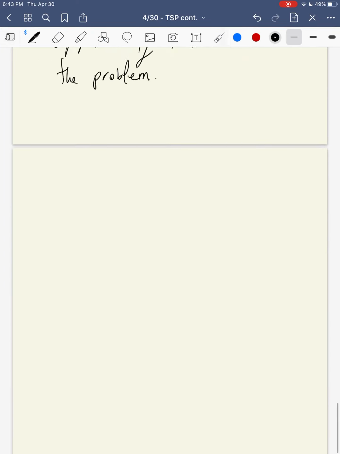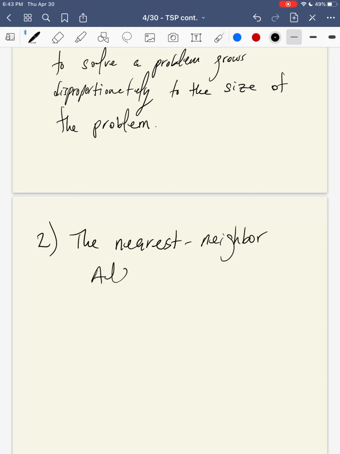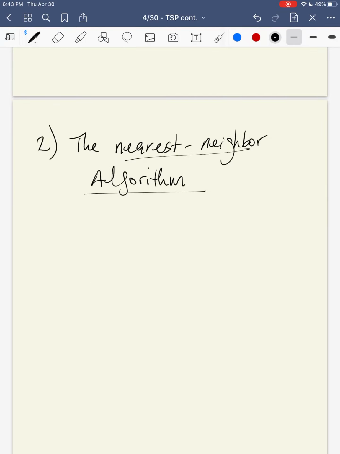Okay, so let's try a different one. Number 2, the nearest neighbor algorithm. Okay, so the nearest neighbor algorithm is, again, just what it sounds like.